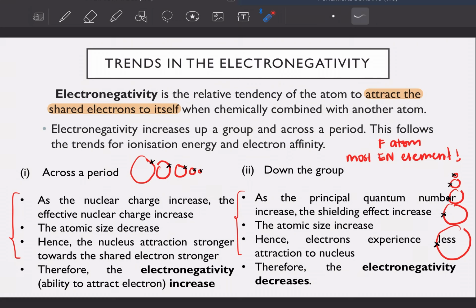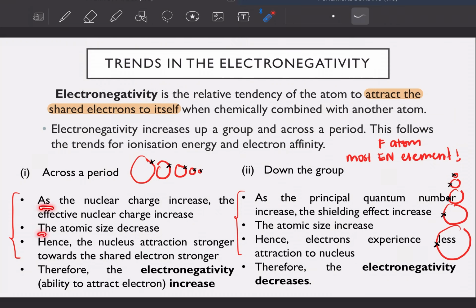This follows the trends of ionization energy and electron affinity. So this is a continuation from ionization energy. Same concept, because we are going to play with the concept of atomic radius across a period and down the group.